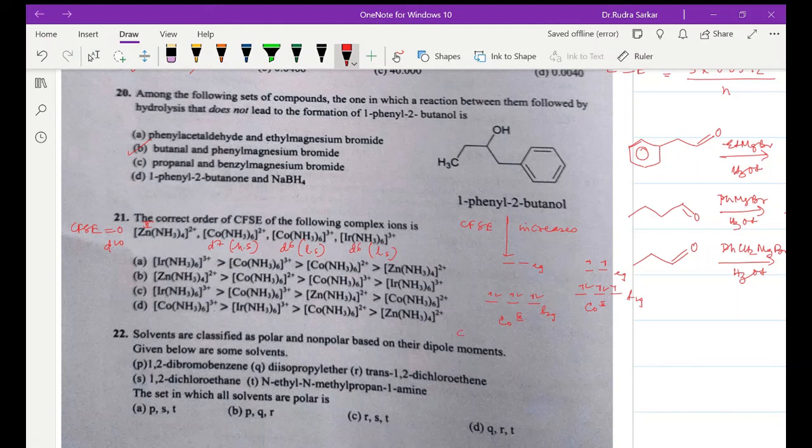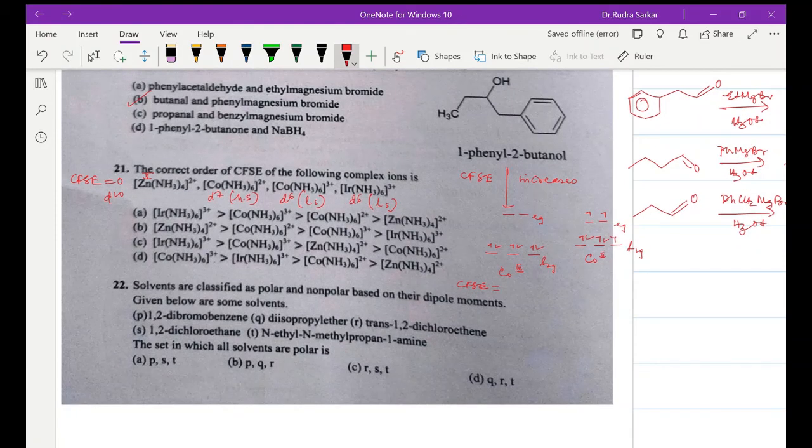So CFSE over here is coming out to be minus 0.4 into 6, that is going to be minus 2.4 delta O.